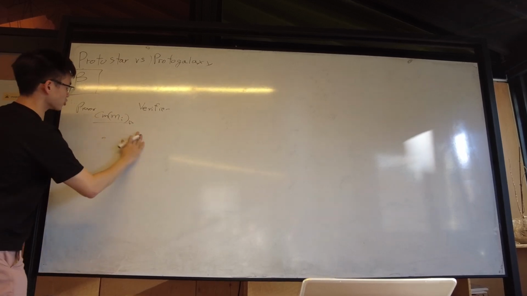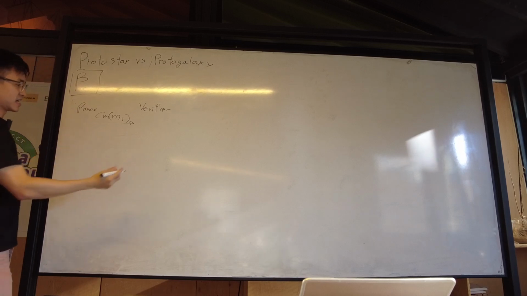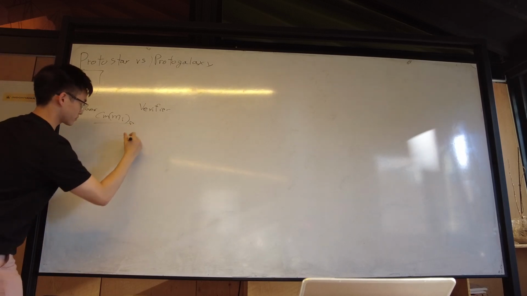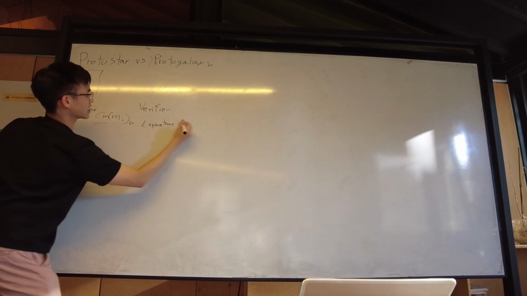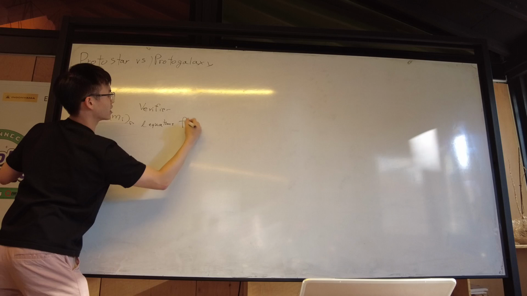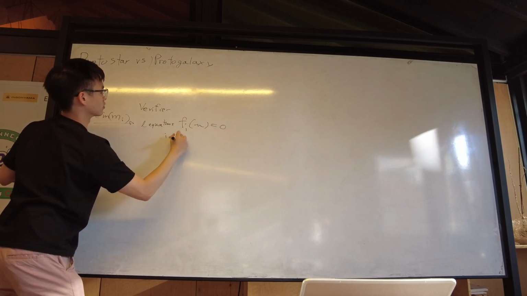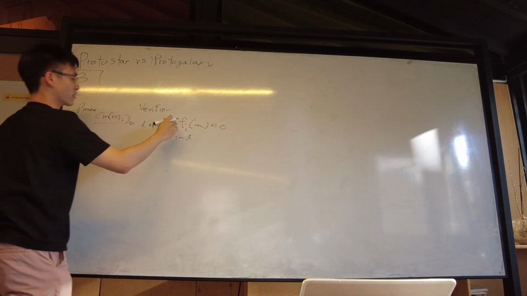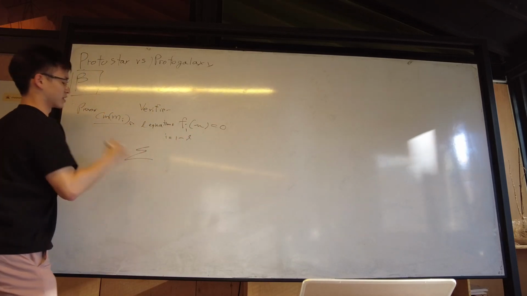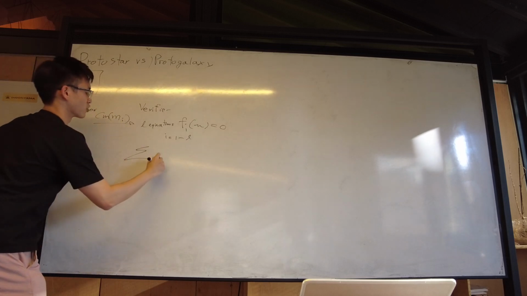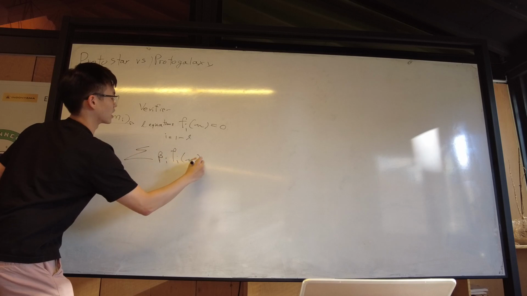As I said earlier, my talk is about this: instead of verifying L equations, let's say you want to verify f_i of something equals 0, where i is 1 to L. Instead of verifying these one by one, what Protostar does is take a random linear combination, so you have the sum of beta_i times f_i equals 0.